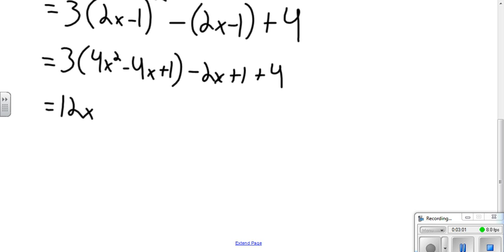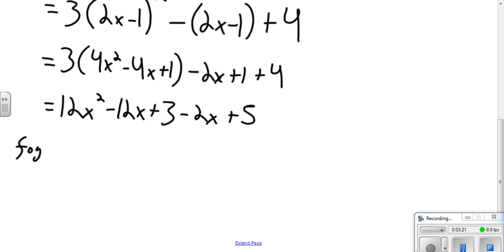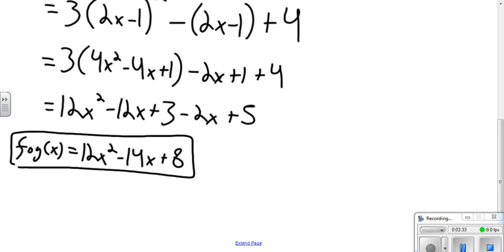We have 12x squared minus 12x plus 3, minus 2x plus 5, because I combined those other ones. Now we just continue combining everything to find out that f of g of x is 12x squared minus 14x plus 8. That is our f of g of x. That's how we got it.